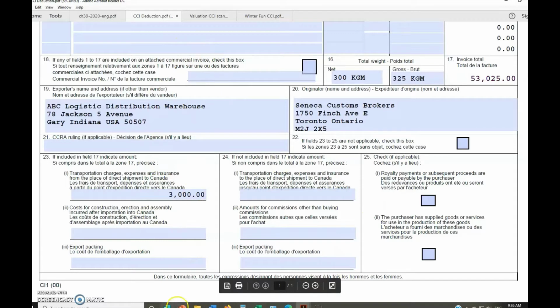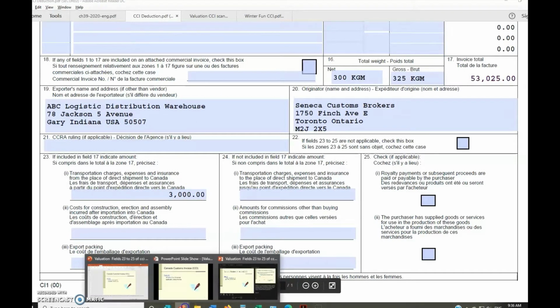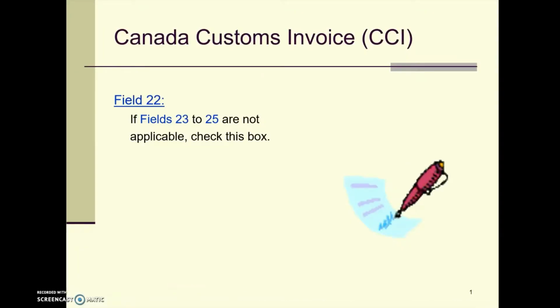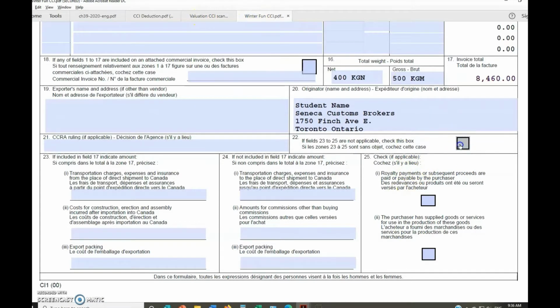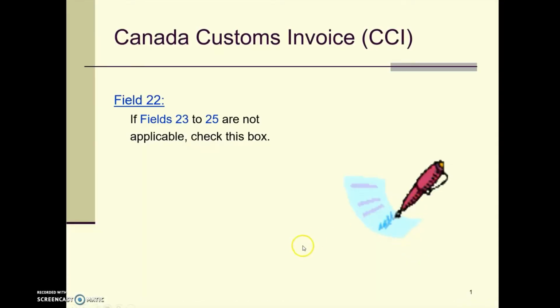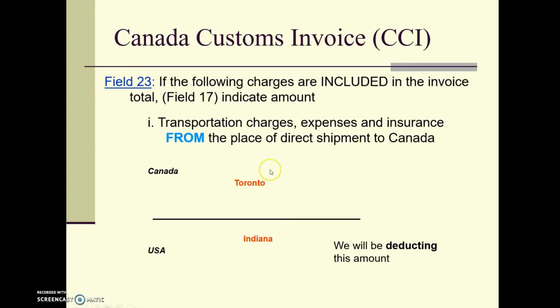So let's talk about field 22, what we just talked about. If fields 23 and 25 are not applicable, we check that box. And before, we did check that box. Okay? So, next field, field 23.